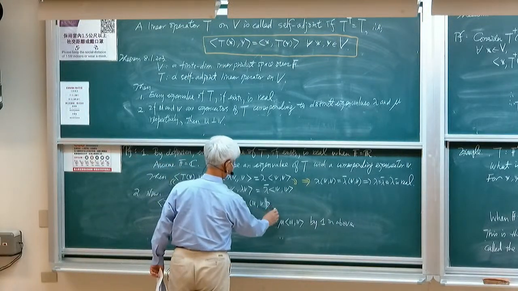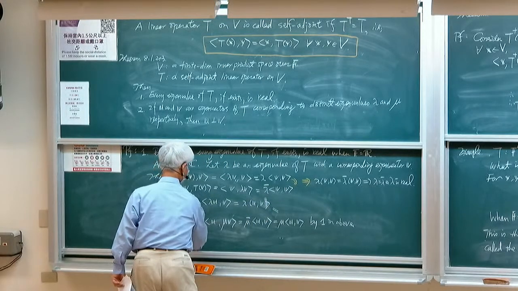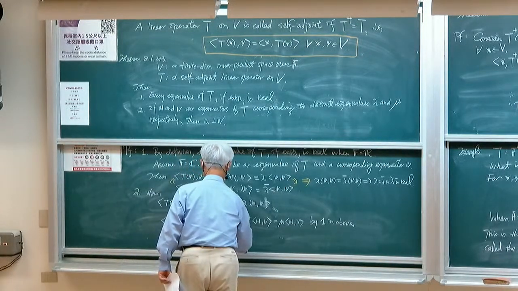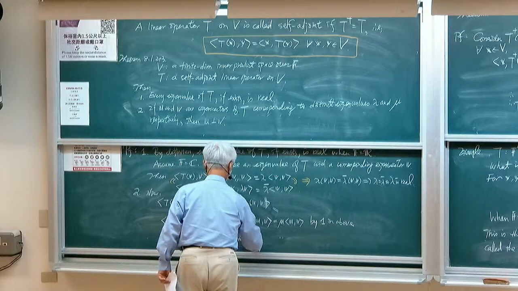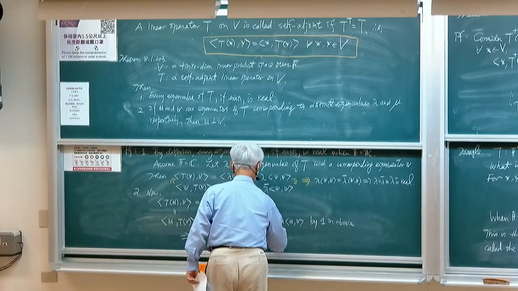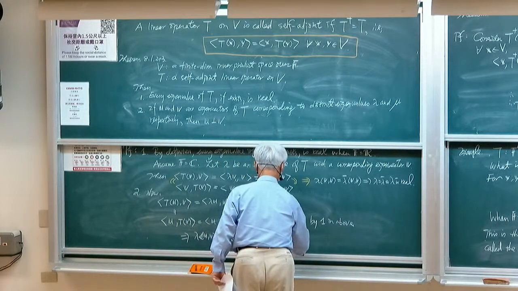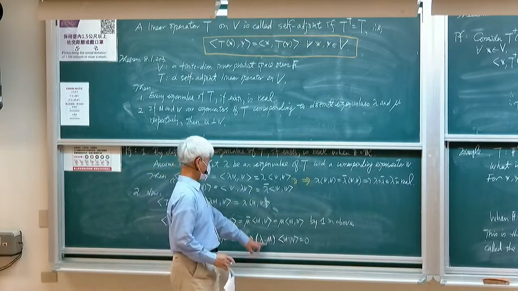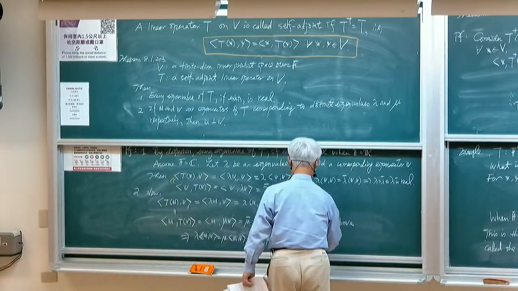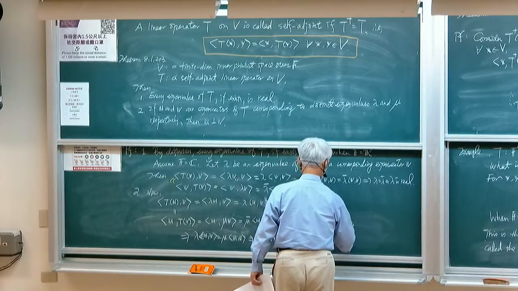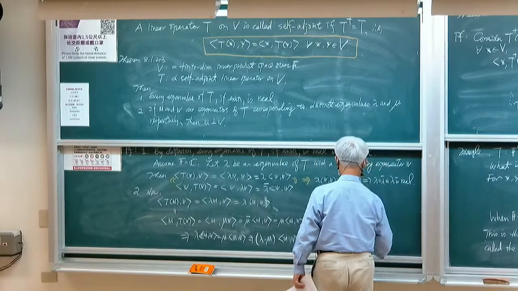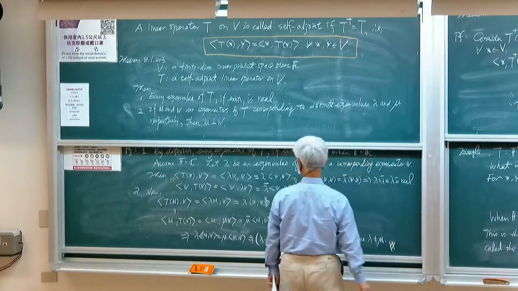So this is saying that lambda U V equals mu U V. And this implies (lambda minus mu) U V equals 0. But this difference is non-zero, so this implies U V is 0 since lambda is not equal to mu. And we are done.